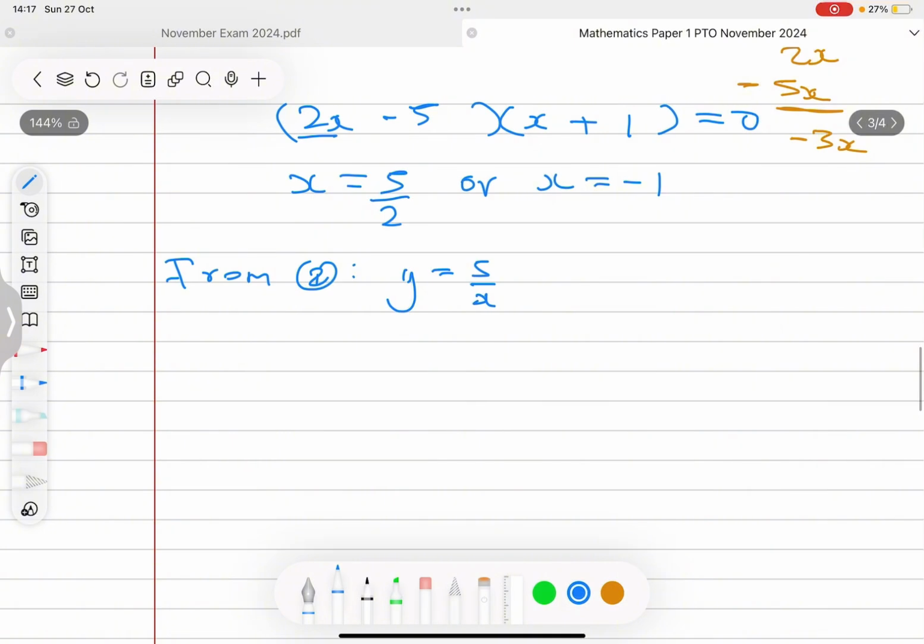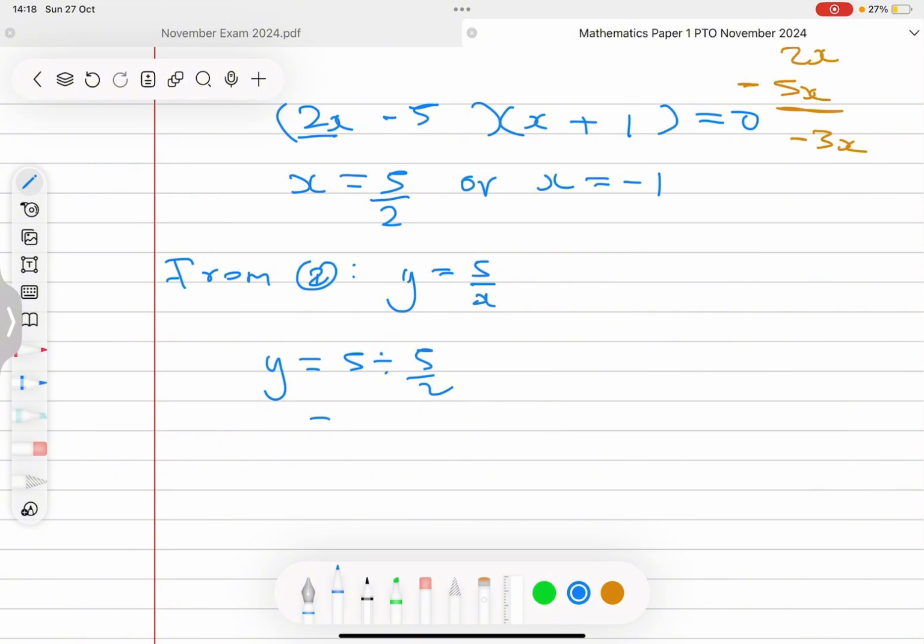right? So this means I'll start by taking this value here. I'll have y is equals to 5 divide by, because this is a division here, divide by the 5 over 2, because the x is a 5 over 2.